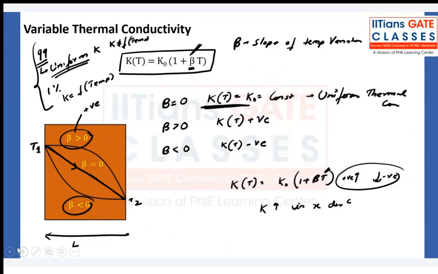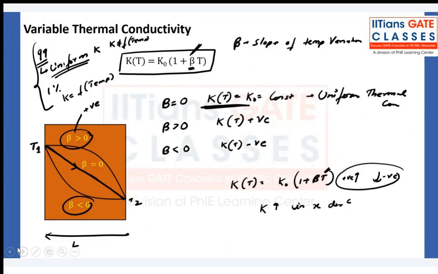K will be a function of x, of course. If the temperature is changing continuously, the k will be non-uniform and unsteady also, no, sir? Unsteady is with respect to time, and non-uniform is with respect to space.